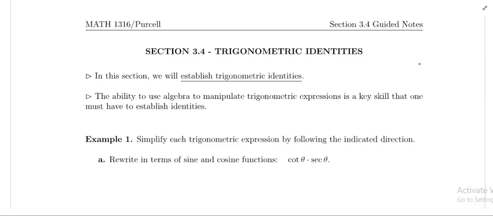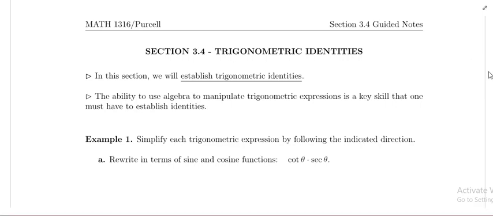So before we talk about establishing identities, we are going to look at some basic algebra that you're going to need to know that incorporates trig functions. We're going to do some practice with that before we go on to the establishment of trig identities.